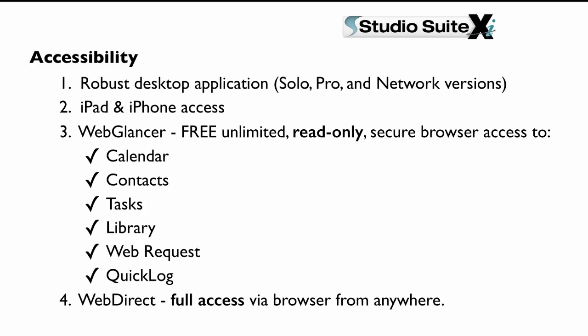So we think that's going to save a lot in terms of seat license costs. That does require the network version. Actually, versions 2, 3, and 4 here all require the network version of Studio Suite because they require a server. Servers and networks kind of go hand in hand.